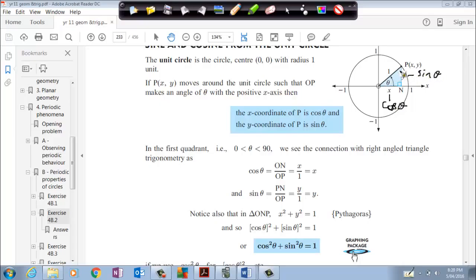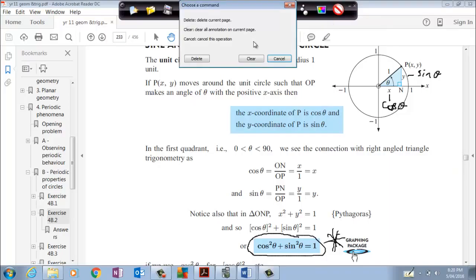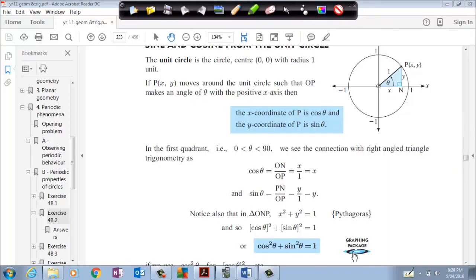Now we know Pythagoras, the hypotenuse squared equals the sum of the squares of the two sides. So we're going to end up with this identity. Cos squared plus sine squared equals 1 squared, and 1 squared is 1. So you should really commit that to memory, because that's just simple Pythagoras. And we're going to use that in a lot of questions.